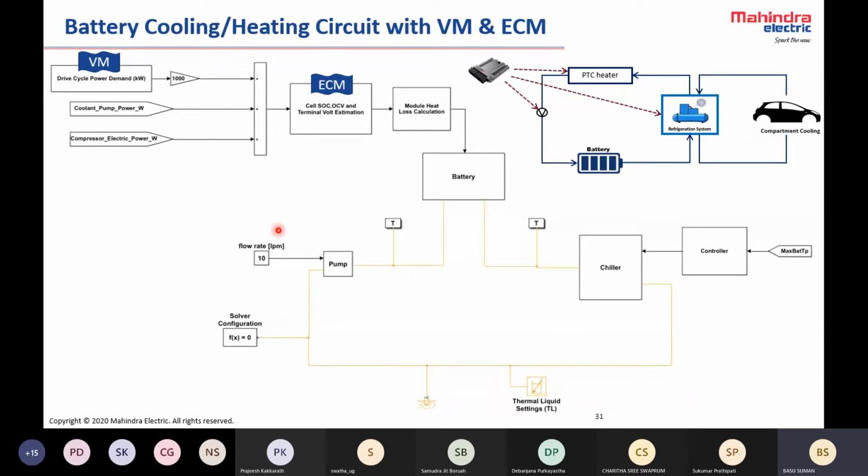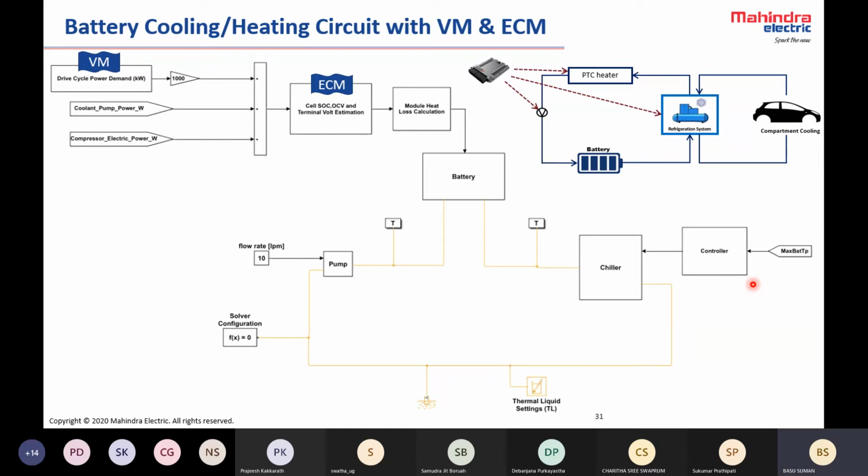Now what we can also do is model the full HVAC system, the chiller, the pump, and the HVAC which is coming from the outside, which is the HVAC of the battery. Why that part is a little complicated in electric vehicle is because there is a single HVAC for cabin cooling and also pack cooling.